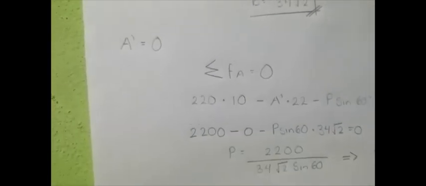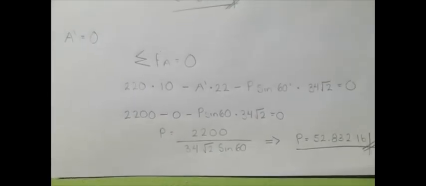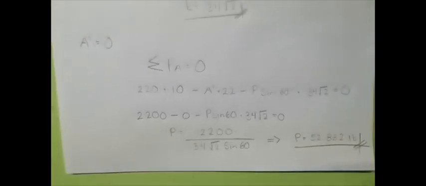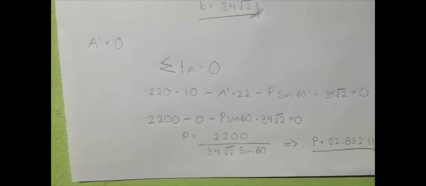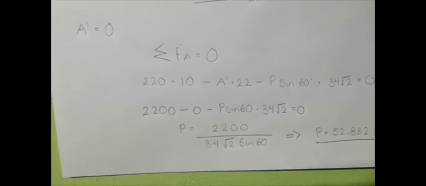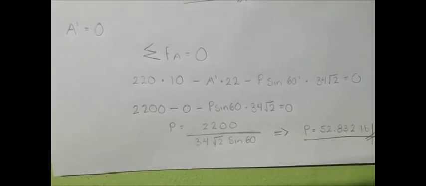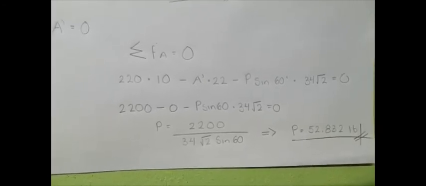It equals 0. We now calculate the summation of moments at A, that is our point, that is the wheel of the wheelbarrow. We can say that 22 lb times 10 minus A prime minus 22, as you can see in the equation.